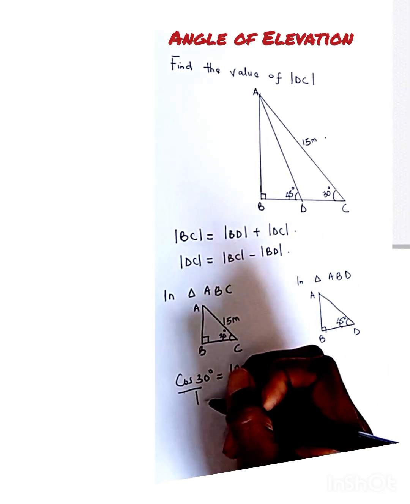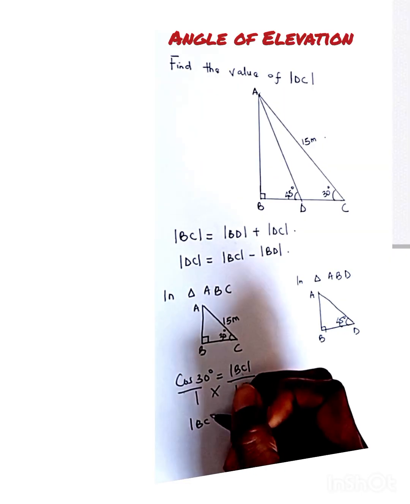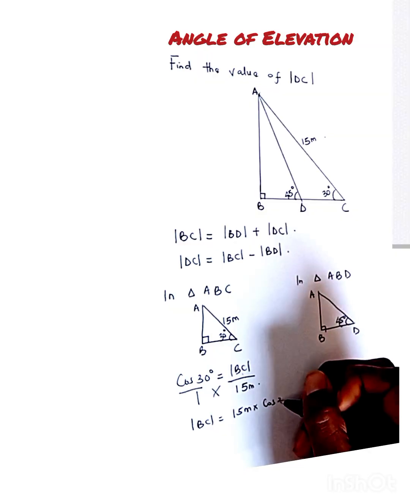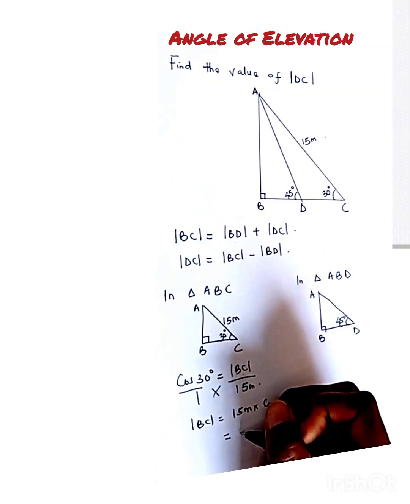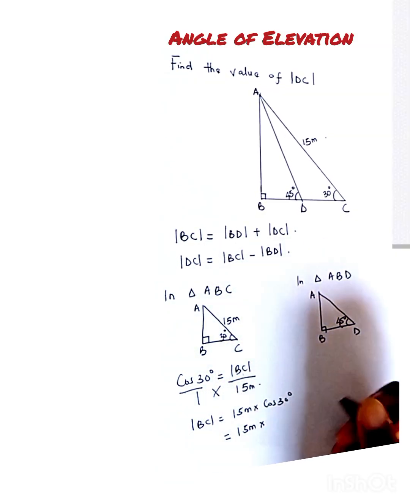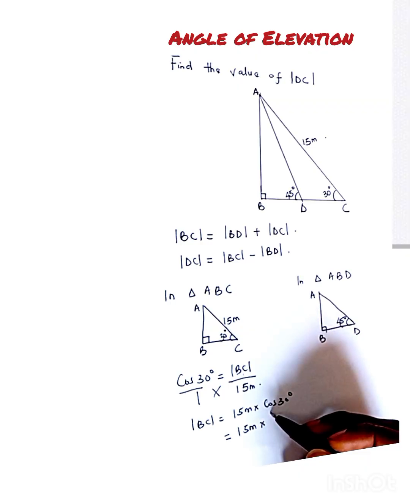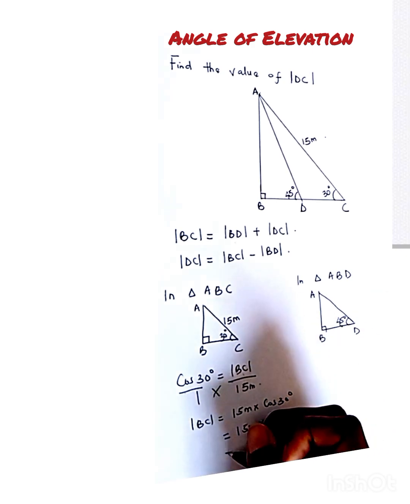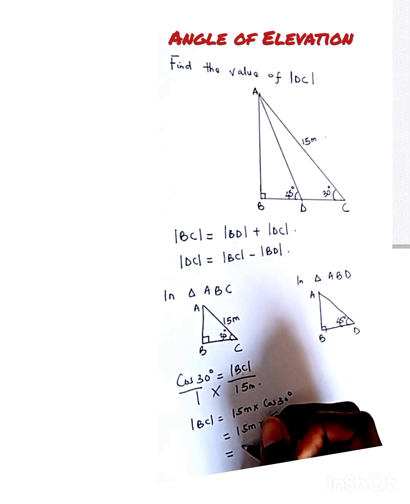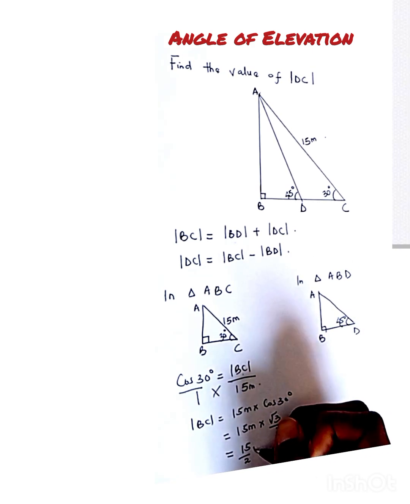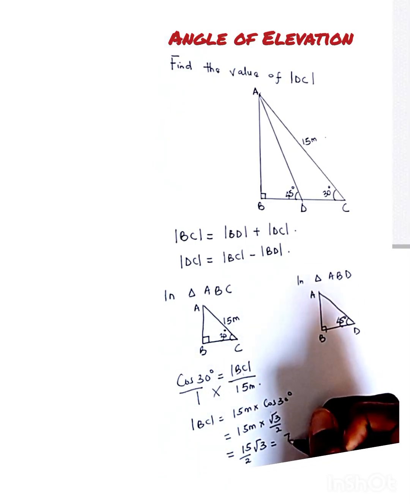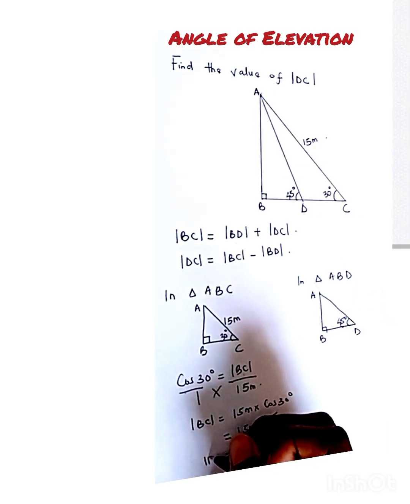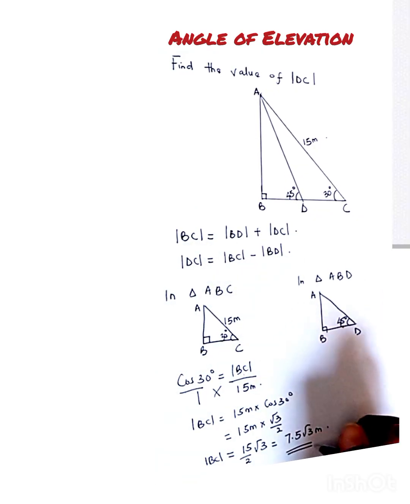So if I cross multiply, I will have line BC equals 15 meter times cos 30 degree, which is 15 meter times root 3 over 2, which is 15 over 2 root 3, or 7.5 root 3 meter, which is the value of line BC.